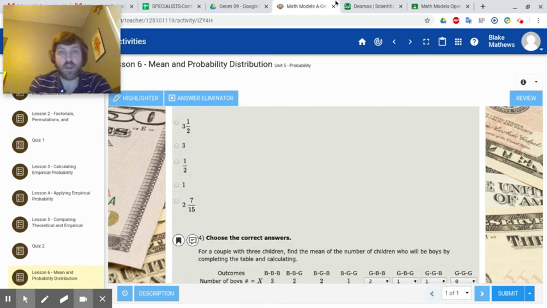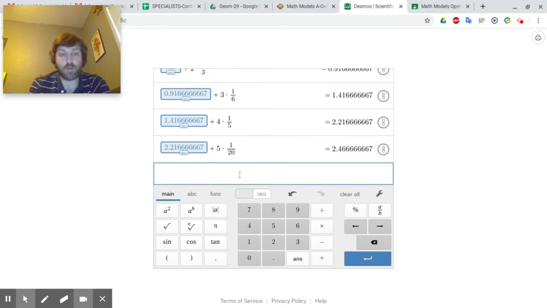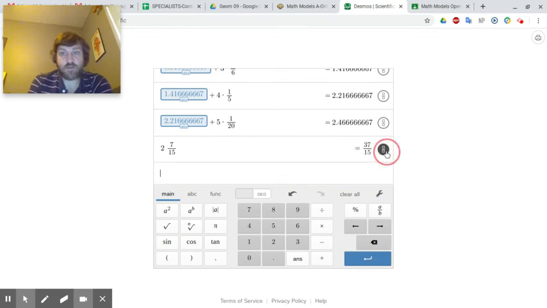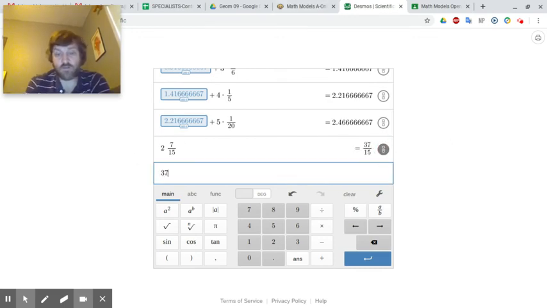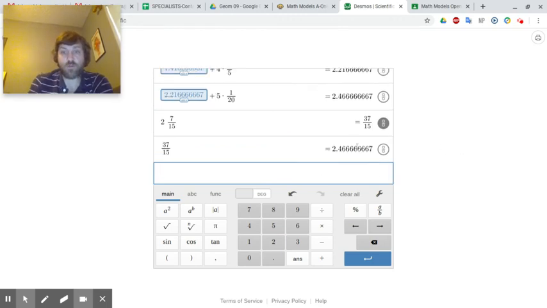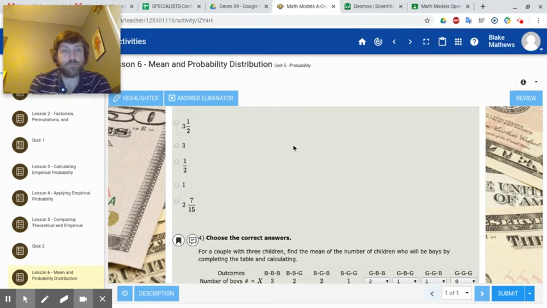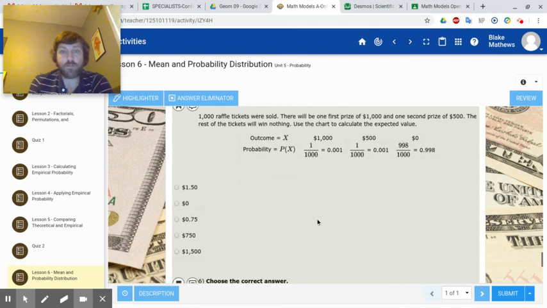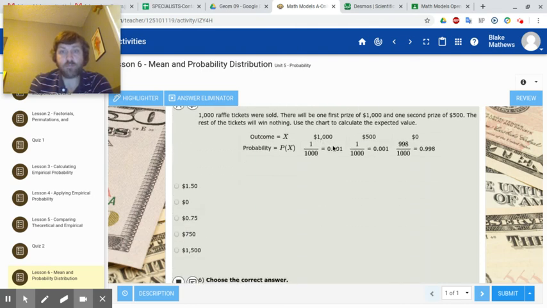We could verify it by doing 2 and 7 over 15. And we could see 37 over 15, which is 37 divided by 15, which is 2.467. So that works. So that means that's the answer. And for all of these problems, you're just going to be multiplying the outcome times the probability.